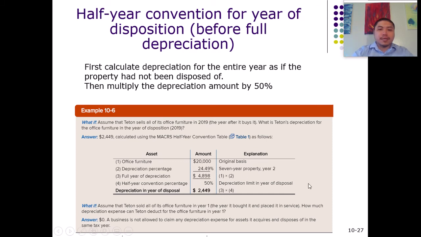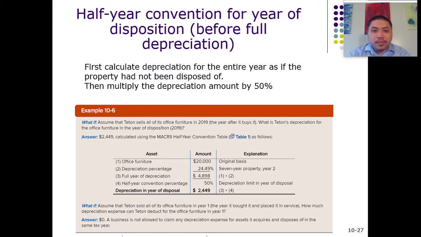And then we multiply it by 50%. Now that gives us the allowed depreciation expense for this year for furniture, in the year that they dispose of the furniture.